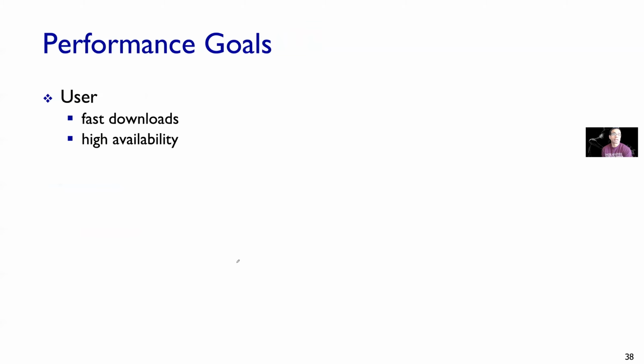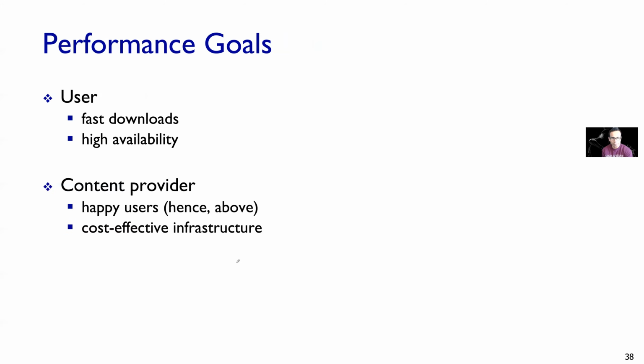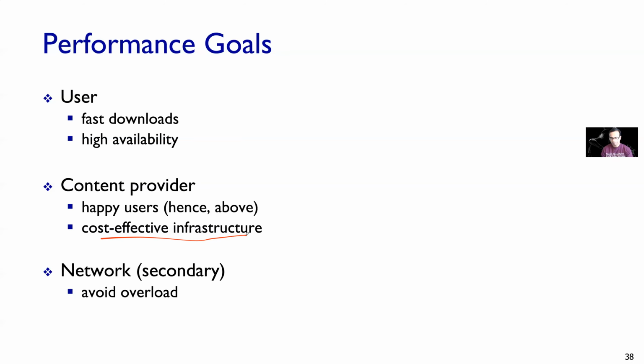So from the perspective of the performance goals, of course, it depends on the perspective. From a user's perspective, they want fast downloads, they want high availability, which means websites should always be available. From the content providers, well, of course, they want to keep users happy. So that's the same. But they also want to keep their costs low, right? I mean, of course, you could throw in a lot of money and get the content as close as possible, but then there are limits to how much money you're willing to throw at that, right?